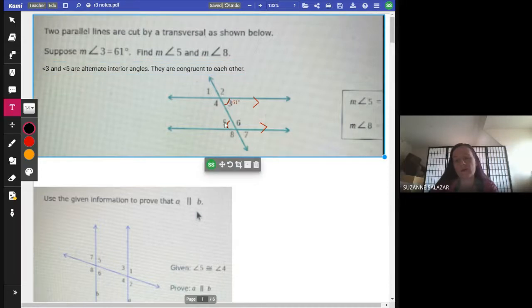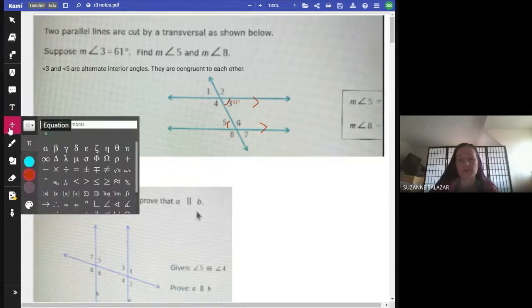So angle 3 and angle 5 are congruent because they're alternate interior angles. So that means that angle 5 is also 61 degrees.